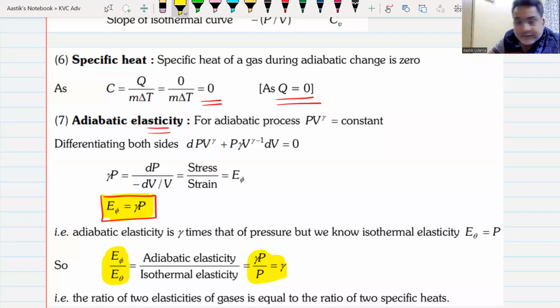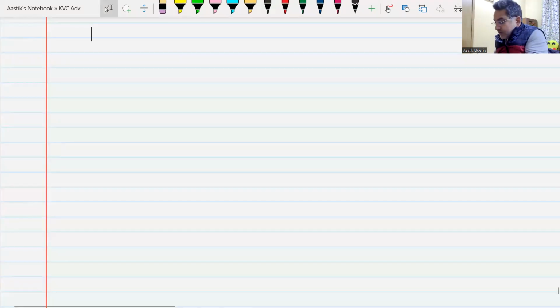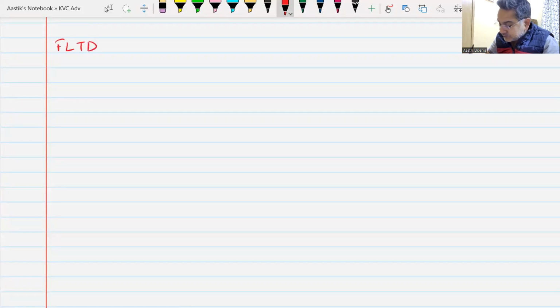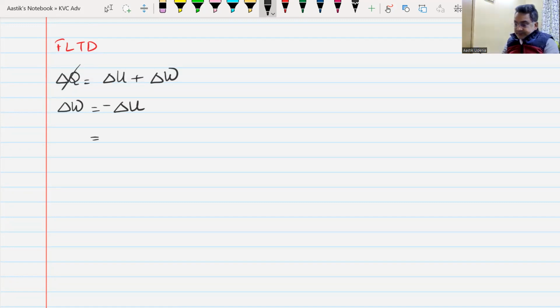Then we apply the first law of thermodynamics in this process. Remember that delta Q is equal to delta U plus delta W. In this process, delta Q is equal to 0. So you can say work done will be equal to negative of change in internal energy. Yes, sir.